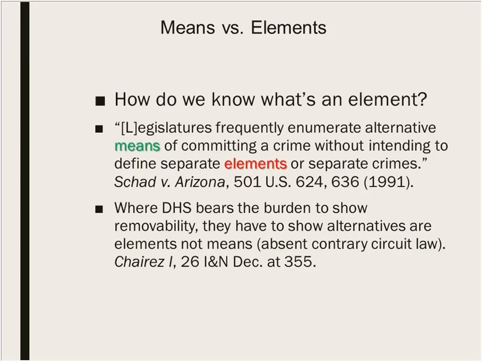So unless your circuit says otherwise, that's the law, and that's really helpful because sometimes DHS isn't very savvy in making these arguments. You really have to put the burden on them and make them make the case as to why it's an element and not a mean, and why the statute is divisible.